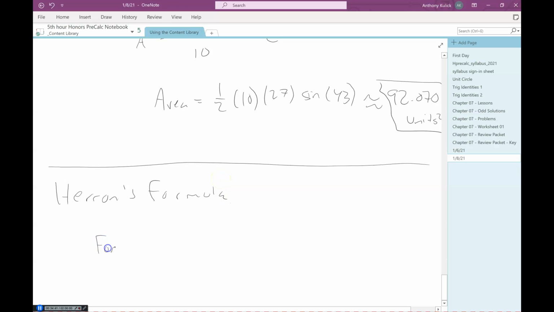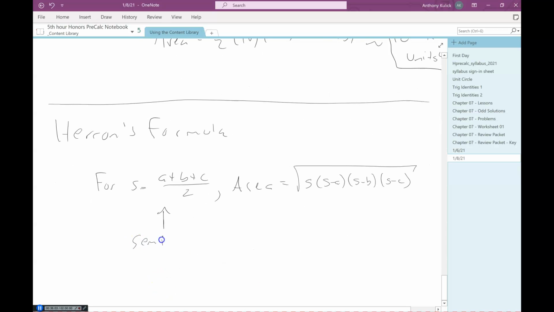And it says for S equal A plus B plus C divided by 2, the area is the square root of S times S minus A times S minus B times S minus C, where we call S the semi-perimeter. So the perimeter of the triangle would just be A plus B plus C, right? The sum of the 3 side lengths.